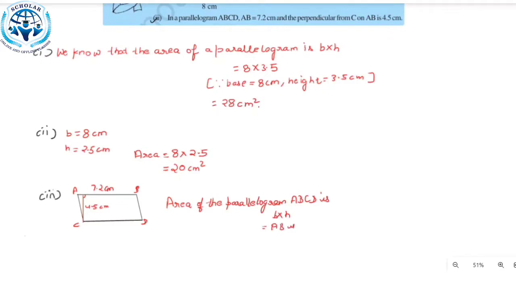Base is 7.2. Height is 4.5, which is also called the altitude. So 7.2 into 4.5 is equal to 32.4 centimeters square.